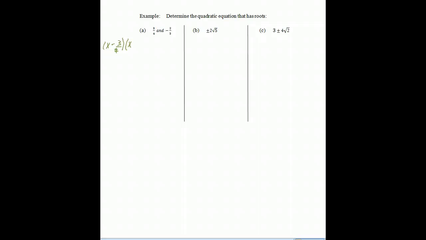And negative will become a positive 2/3. We'll multiply that one out. Here, you have plus or minus 2 square root 5. So one root is positive 2 root 5. The other is negative 2 square root 5.